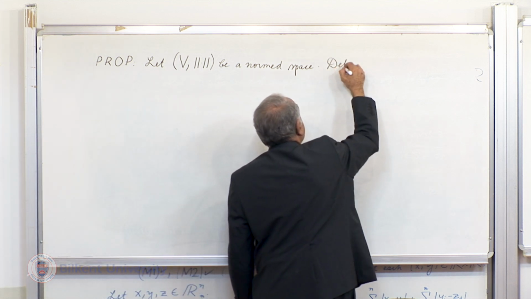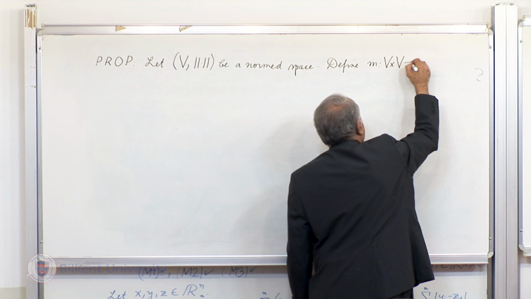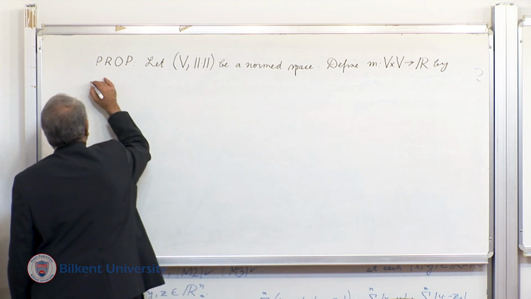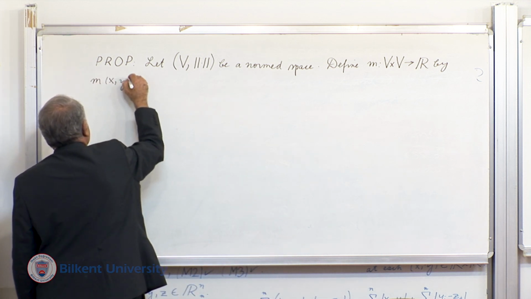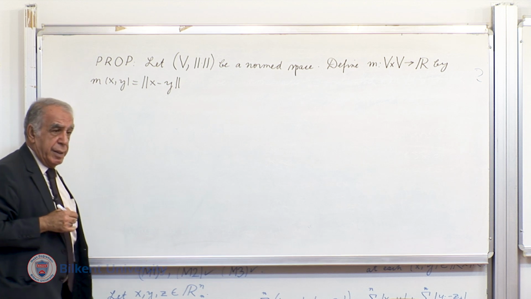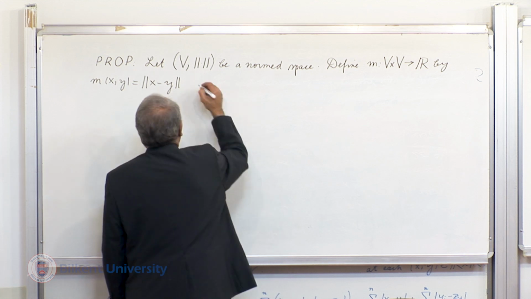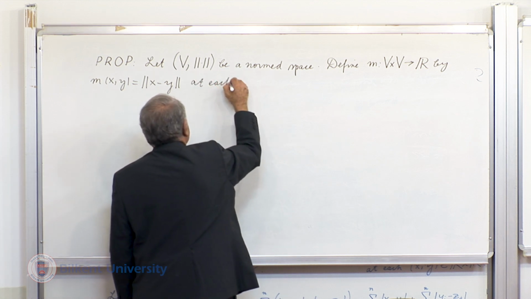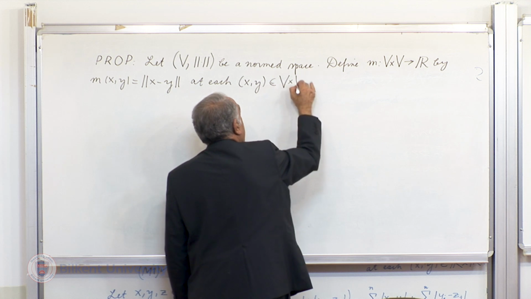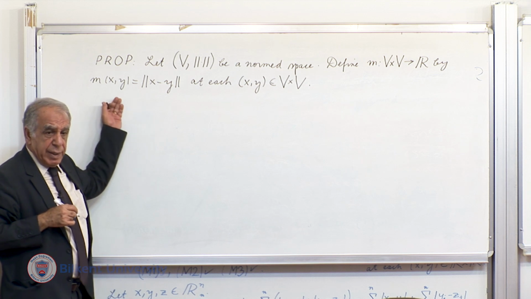Define M on V cross V into R by M(x,y) equal to the norm of x minus y, which is the norm given here at each (x,y) in V cross V. Now we already know that this is a metric.